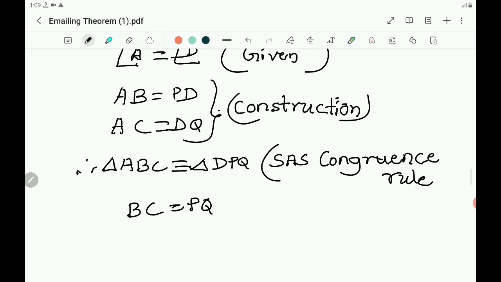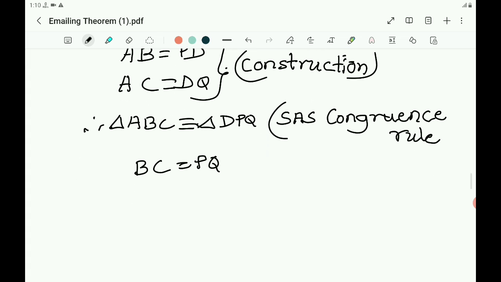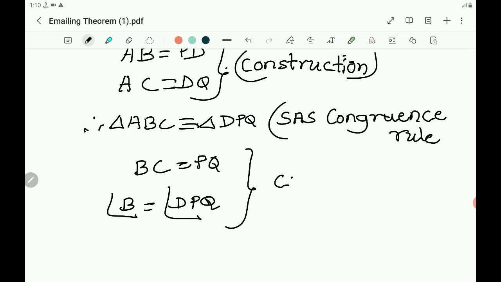BC equals PQ and angle B equals angle DPQ. That much is enough here. That is the reason you can give according to CPCT. CPCT means corresponding parts of congruent triangles. Corresponding parts of congruent triangles are always equal.